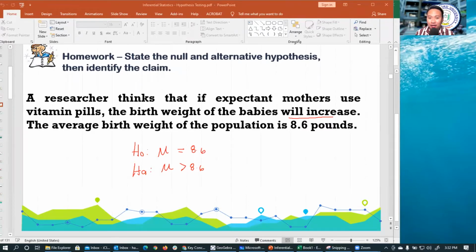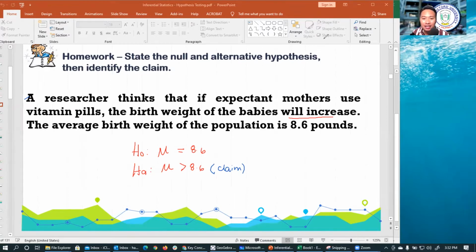Take a look at the problem: a researcher thinks that if expectant mothers use vitamin pills, the birth weight of the babies will increase. That's the researcher's assertion, that if an expectant mother takes vitamin pills, the weight of the baby will increase. That's why the alternative hypothesis is the claim. I hope it's clear on your end.